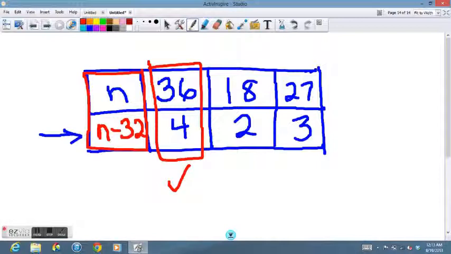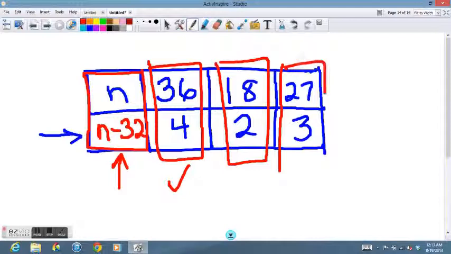Alright? But would that work for the second one? In other words, if n is 18, and we use this rule, we would have to take 18 minus 32. That would not give us what we have here, which is a 2. So it doesn't work for that one. It also does not work for this one.